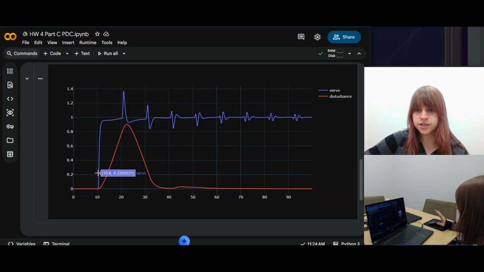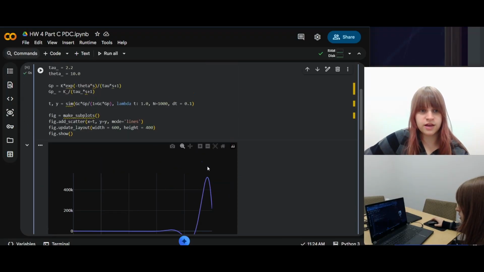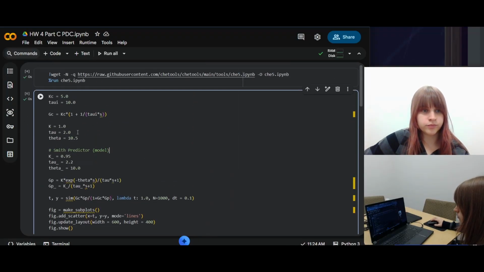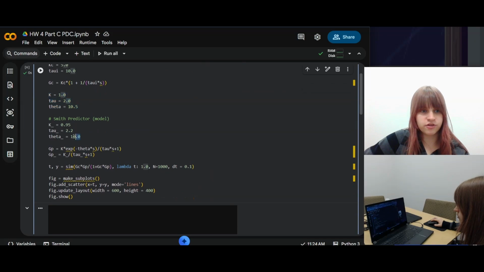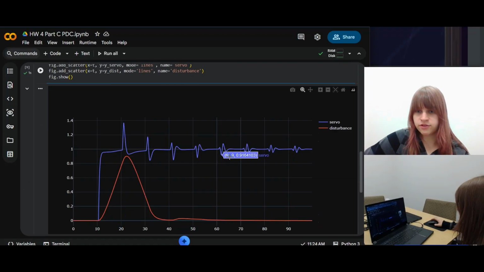So after our initial dead time has passed, we immediately shoot up, and obviously we have some oscillations, and you can see there's a bit of a pattern. This is due to, like I was saying before, our actual parameters and our Smith predictor parameters are not the same. So we have some oscillations there, but as you see over time, that decreases, and we're landing around 1. So that's a good thing.